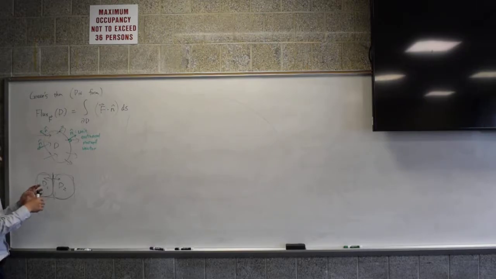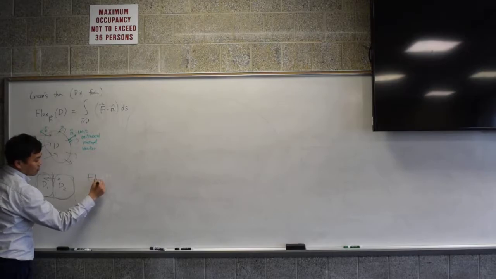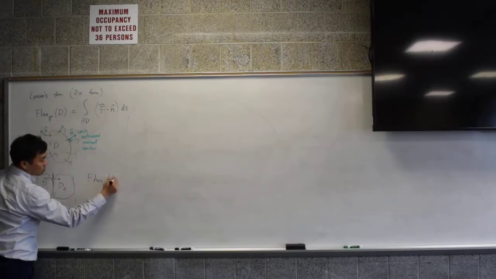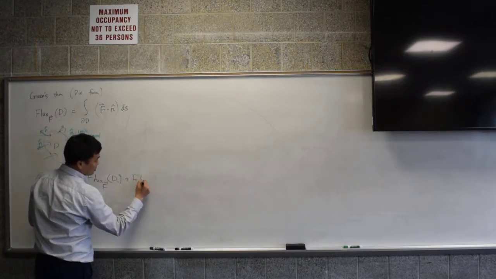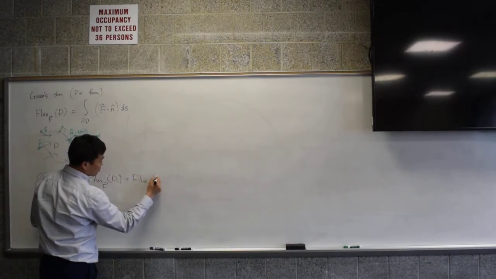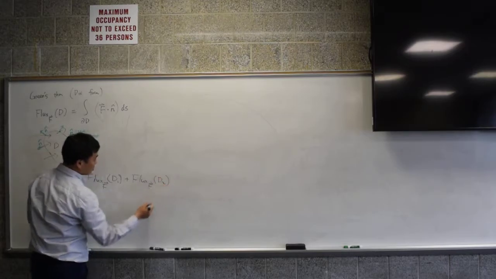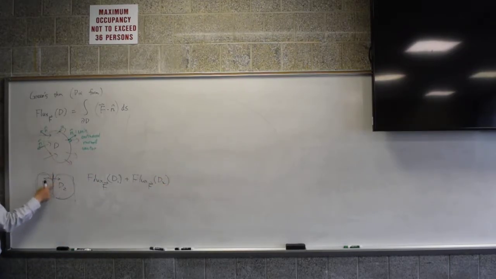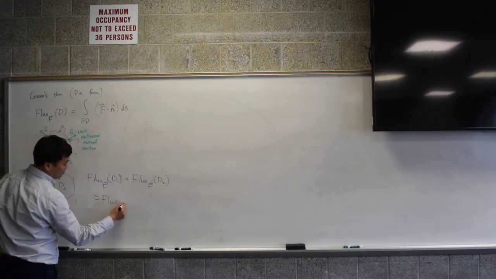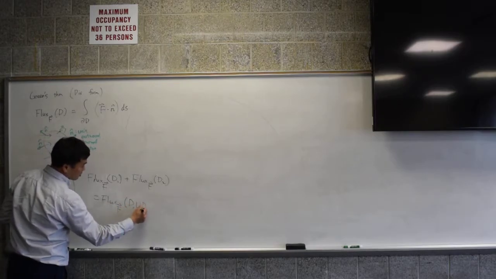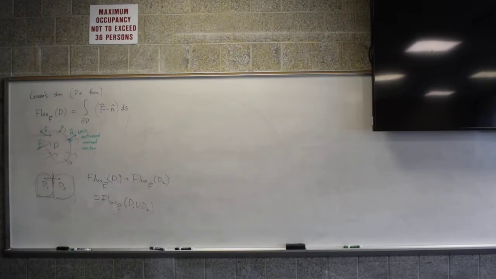And therefore, when you do the flux of vector field F over domain D1, and you add the flux of vector field F over domain D2, then the middle one cancels, and you end up with the integral over the entire domain, which is the same as the flux of F over D1 union D2. So it has this additive property.